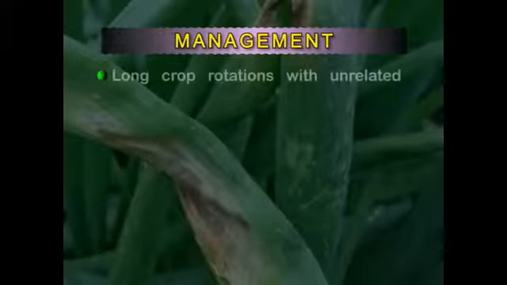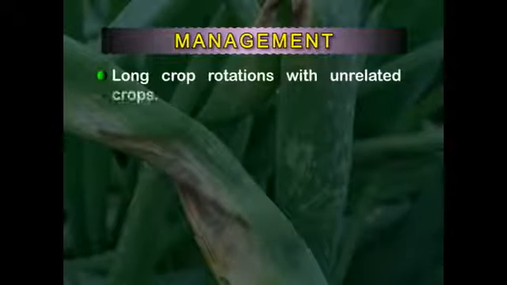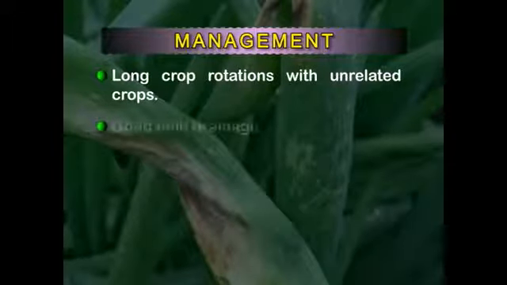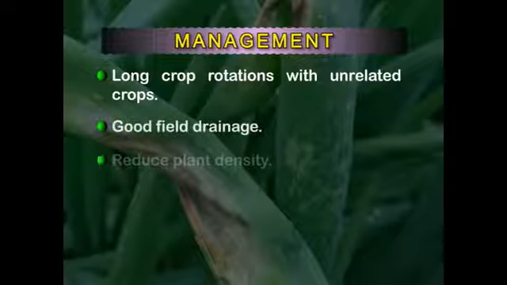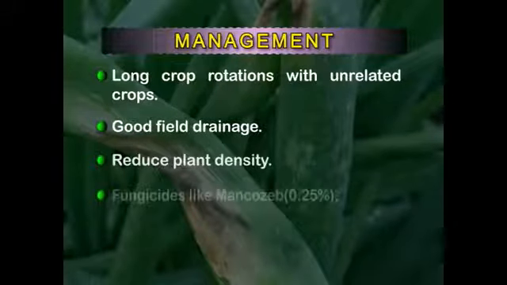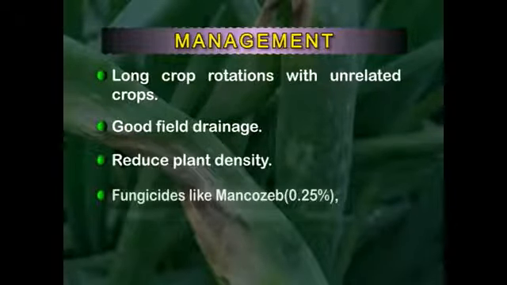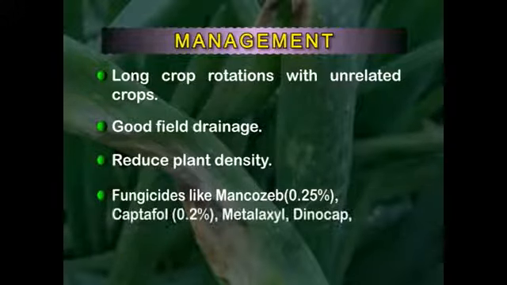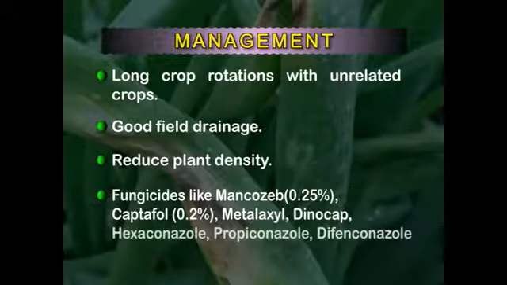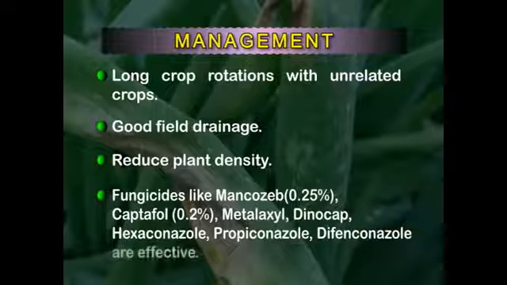Management. First one is long crop rotation with unrelated crops. Good field drainage and reduced plant density help. Fungicides like mancozeb 0.25%, captafol 0.2%, metalaxyl, dinocap, hexaconazole, propiconazole, difenoconazole are effective.